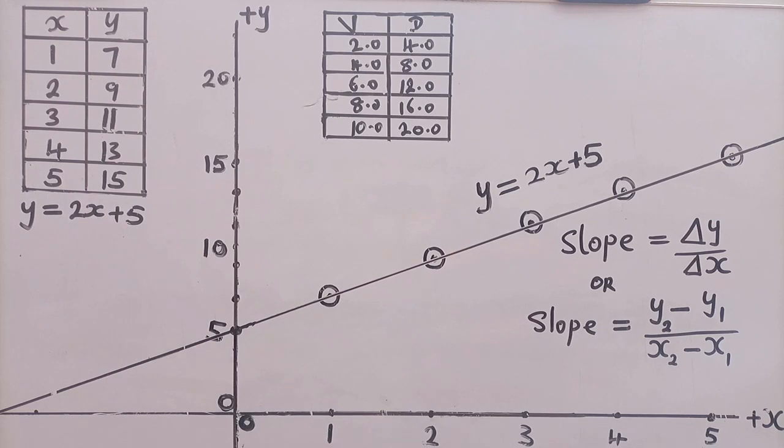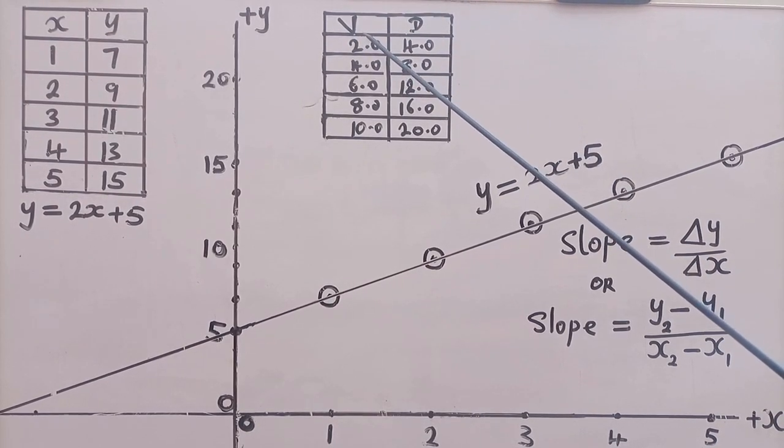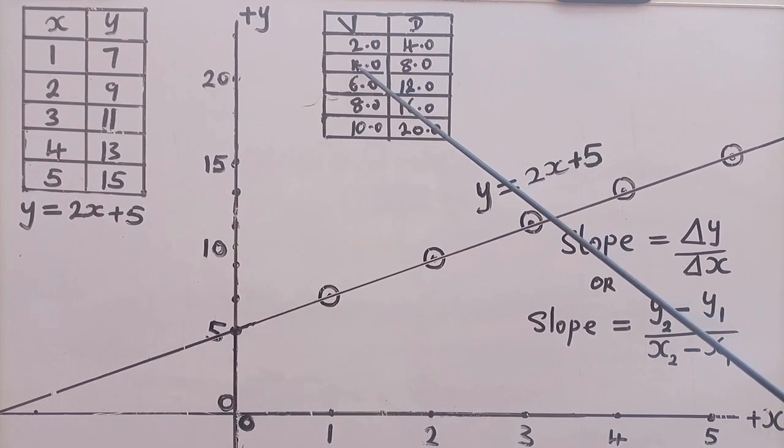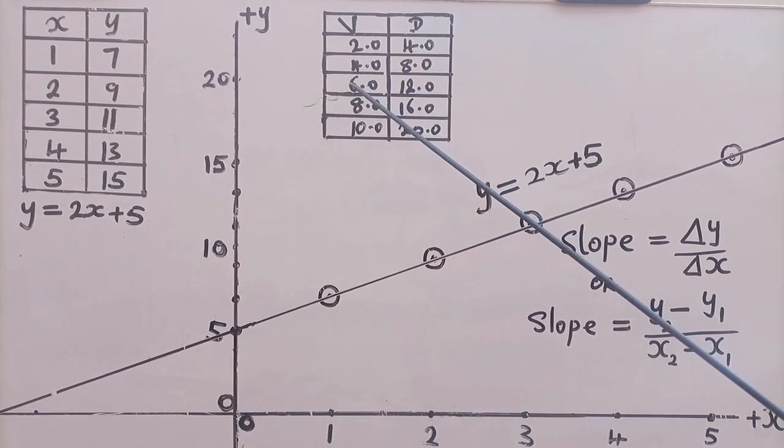Let me inform you that sometimes it is not possible to use just a table to get the slope. Sometimes the changes are not regular. Let me illustrate. With this table, for instance, the change kept being 2 everywhere. From 2 to 4, 2. From 4 to 6, 2. From 6 to 8, 2.